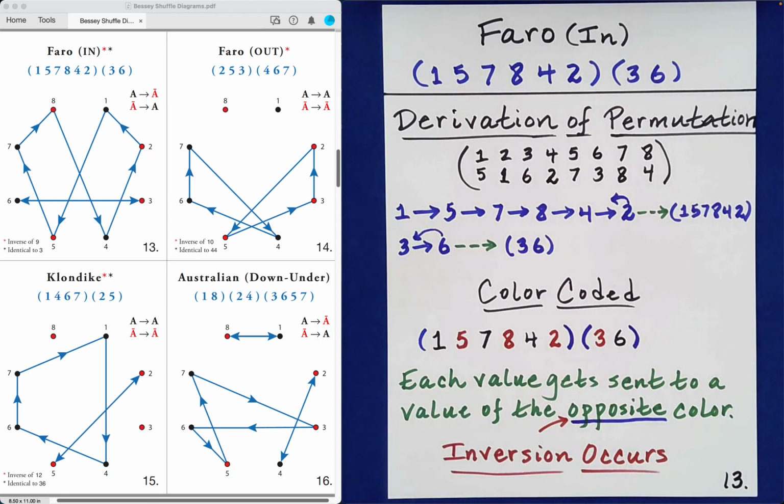Okay, so let's quickly look at the graph for the Pharaoh in shuffle over here on the left, and you'll recognize this diagram. In fact, we have seen both the inverse of this diagram and an identical version of this diagram. So why don't we quickly remind you of what those were.